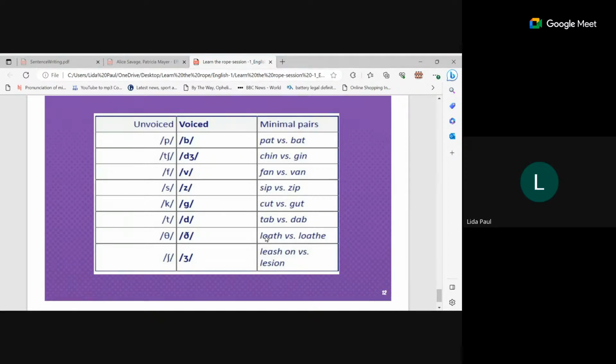Then s, z. This is alveolar. Then k and g velar, t and d again alveolar, the dental pair, sh and j again palatal. So among each of these pairs, so similar sounding pairs, you have one which is voiced and the other which is voiceless. Okay. So, that's all about the voiced and the voiceless distinction.